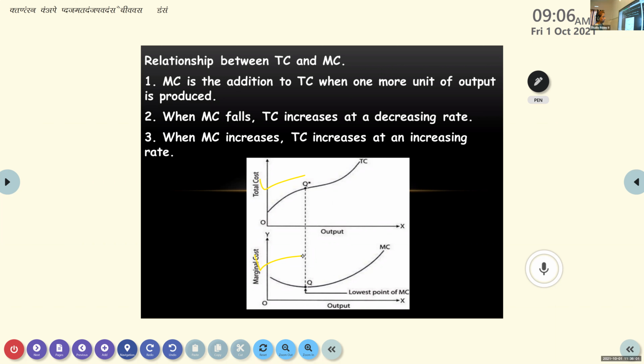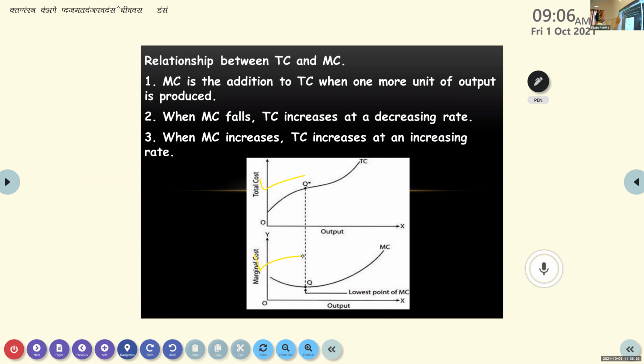Change in total cost by change in output. So it is what addition is happening in the total cost when we increase one more output, that we call marginal cost. So MC is the addition to TC when we increase one more unit.